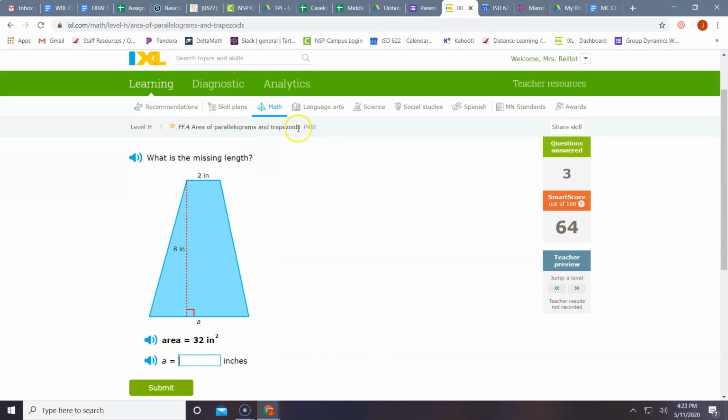So on this one, now we have the trapezoid that we need to find our missing length. So we're trying to find one of the bases. So let's make sure we have our formula. Area equals base 1 plus base 2 times the height, all divided by 2.